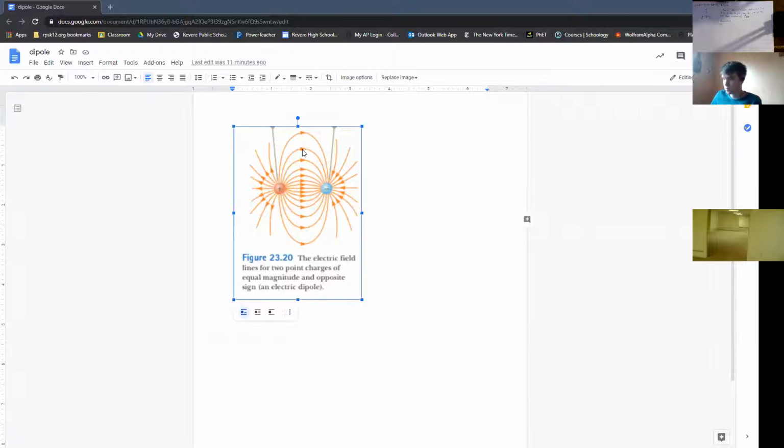Okay, towards the left, did you say? Yeah, no, towards the right. If we look at all the arrows on the y-axis, it's always pointing exactly to the right. So we can predict that the electric field will be to the right, or in the positive i hat direction.